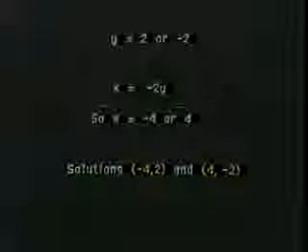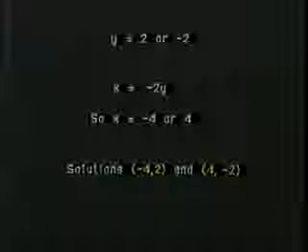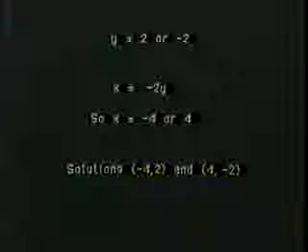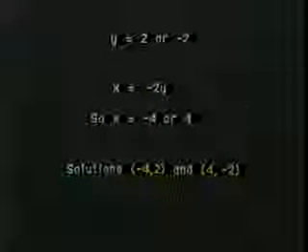My two answers are +2 and -2. Then I substitute each of those two values into the other equation, where x equals -2 times y. Since y is plus or minus 2, x must be negative or positive 4. Positive when y is negative, negative when y is positive. And that gives me my 2 points.